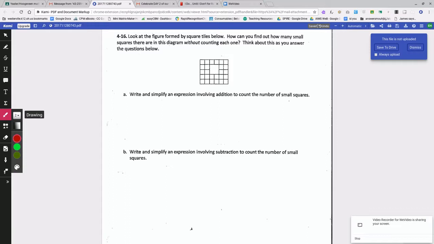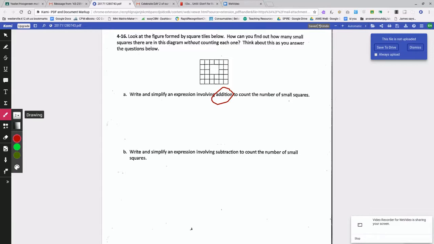So the first question asks you to simplify an expression involving just addition to count the number of small squares. How could you put those together to count how many squares are in that rectangle?